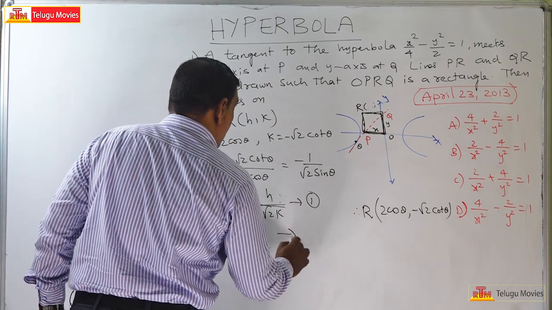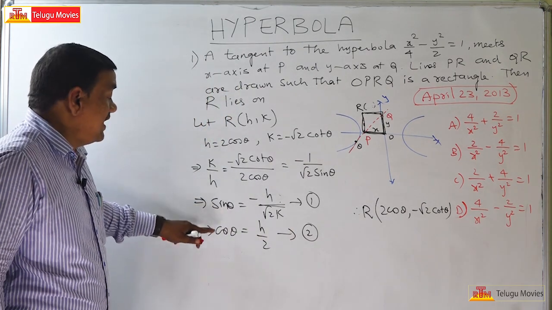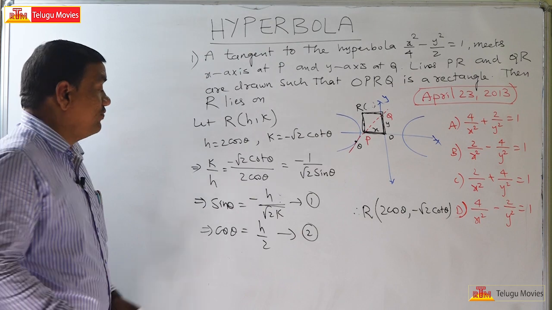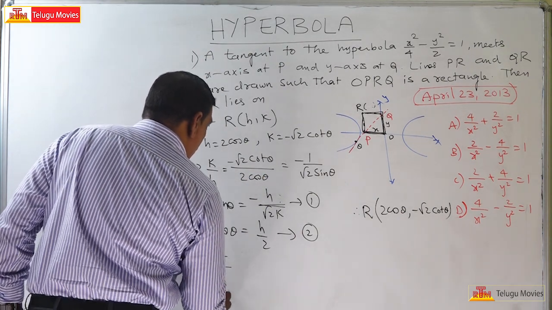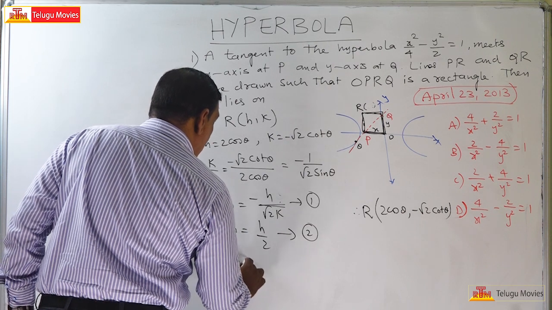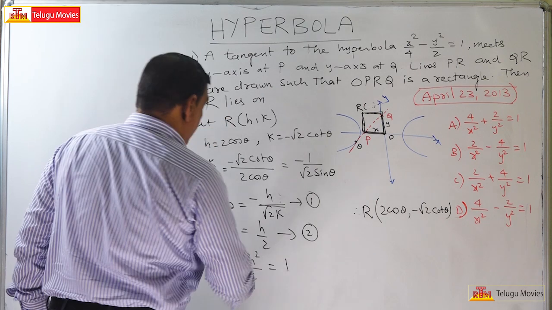Call it the second equation. Now we have sin theta and cos theta, so squaring and adding: h square by 2k plus h square by 4 is equal to 1.